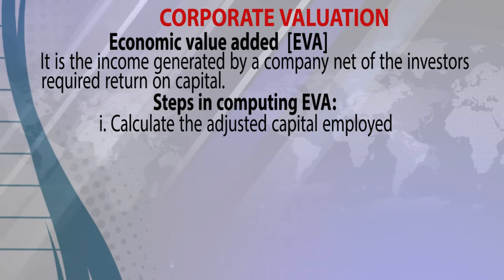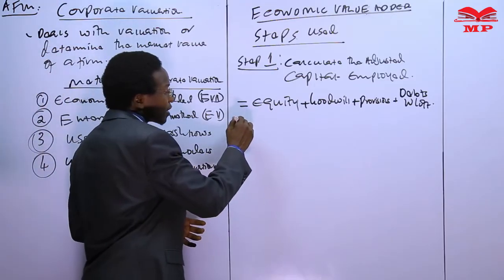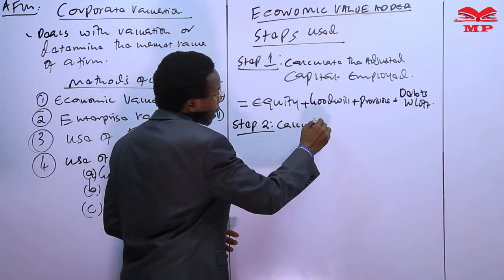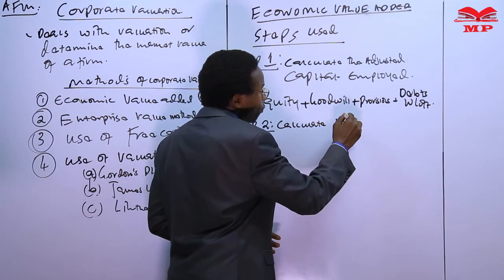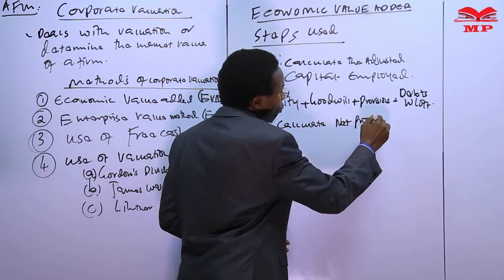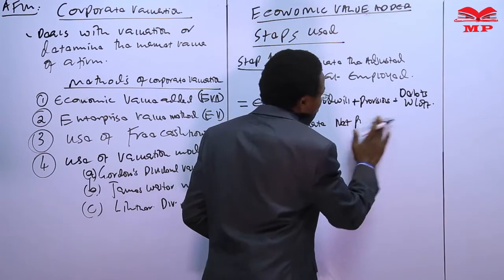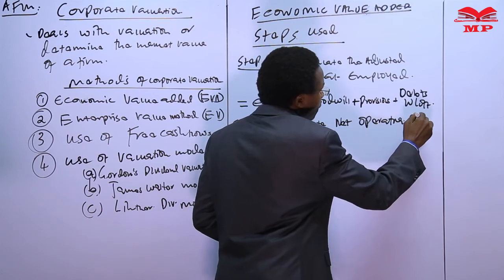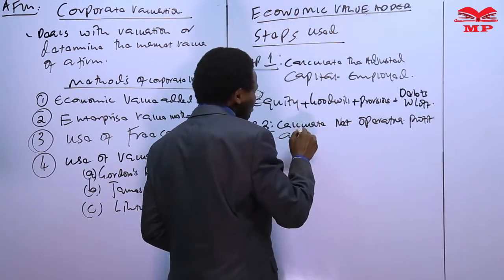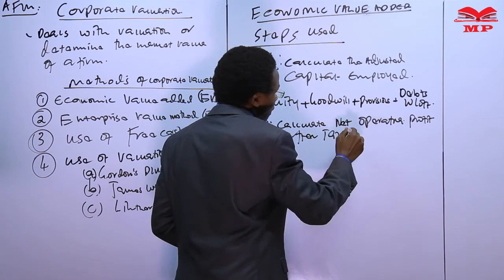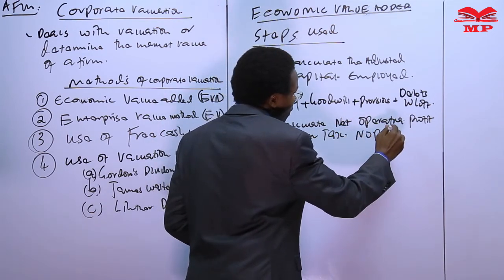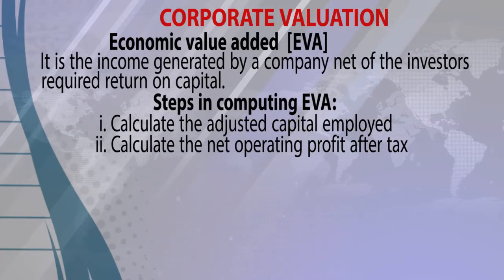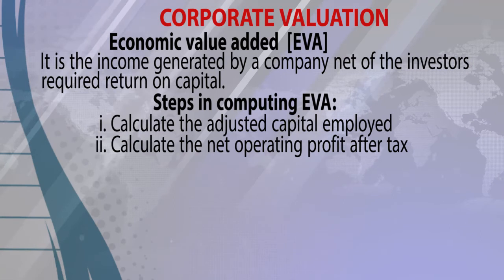Then we calculate the net operating profit after tax. That is our step number 2. This is NOPAT. How do we get the NOPAT?